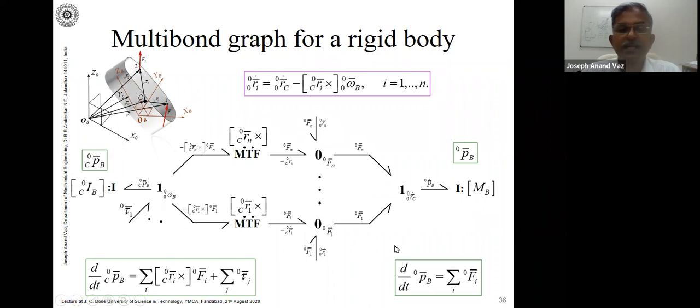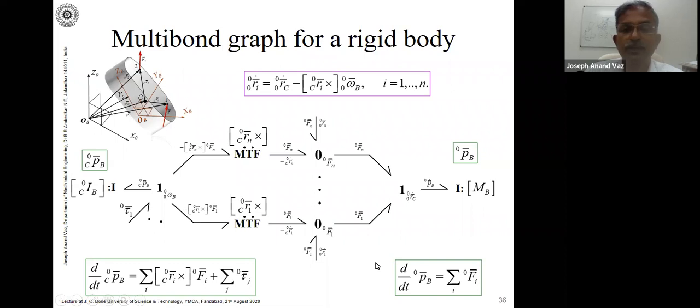So you can see that in this module you have captured both the translational dynamics as well as the rotational dynamics. This is for a single rigid body. You can see that in this model, you started with kinematics and then you appended the inertia, and then you are able to obtain the dynamics of this rigid body.